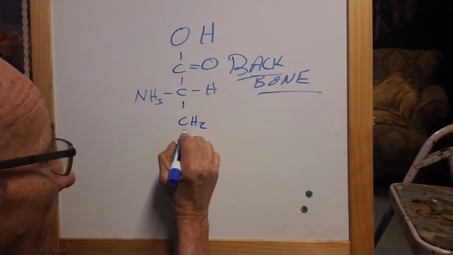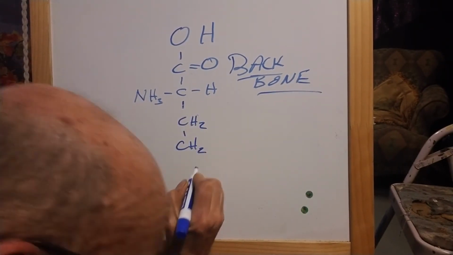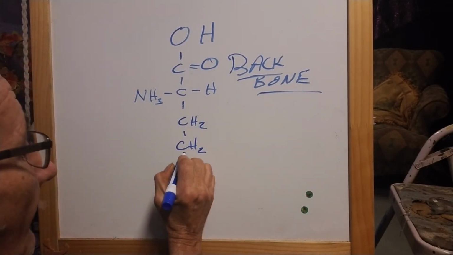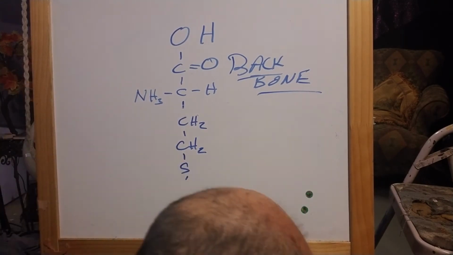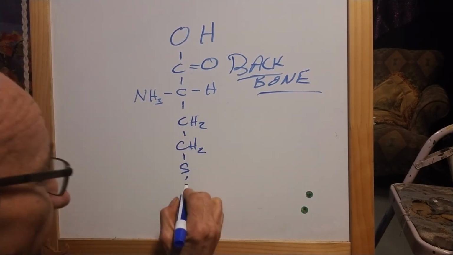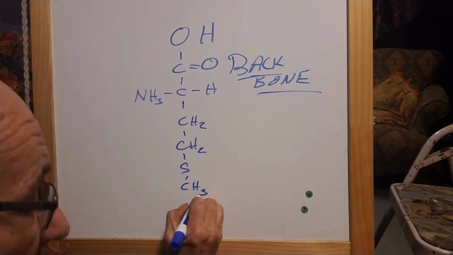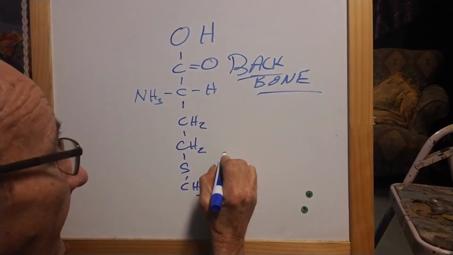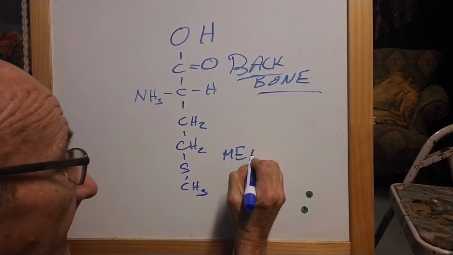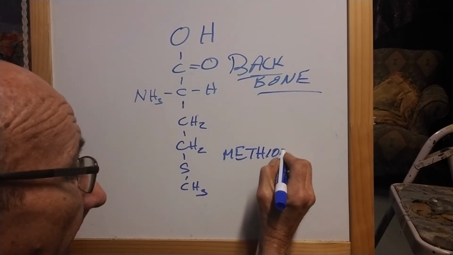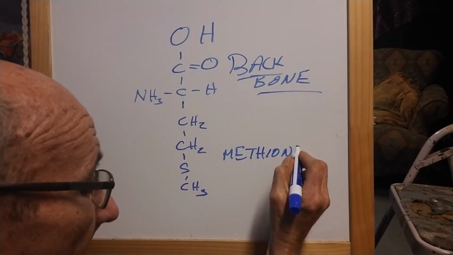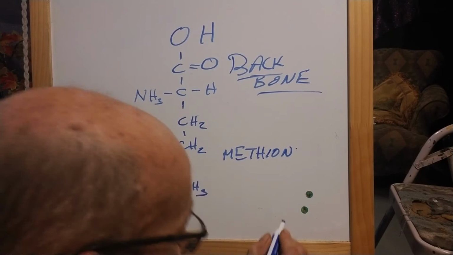CH2, CH2, the sulfur, CH3. This is methionine.